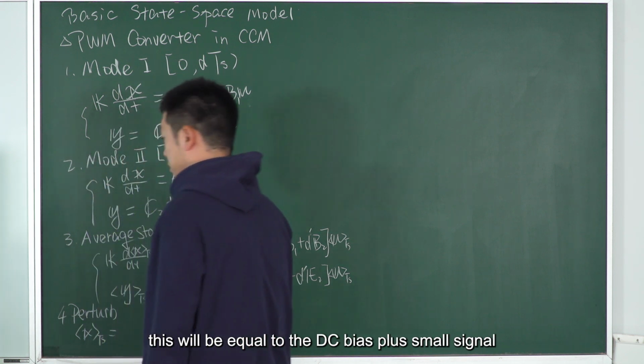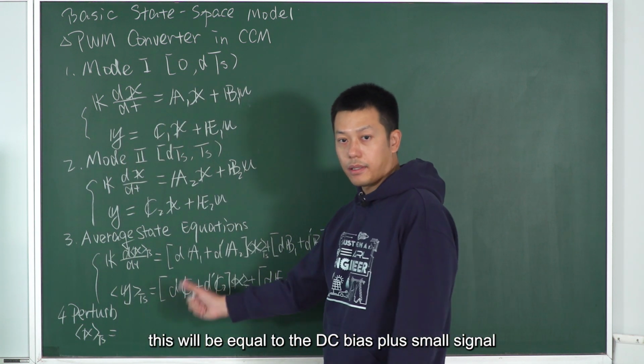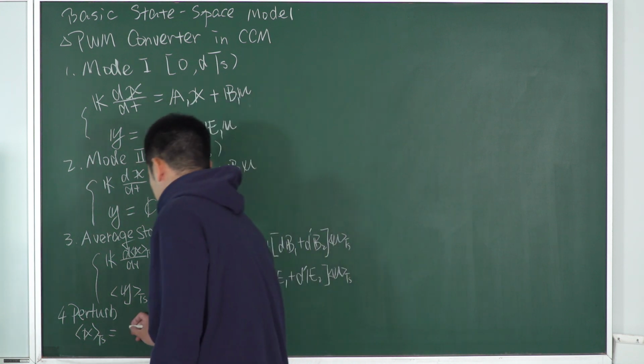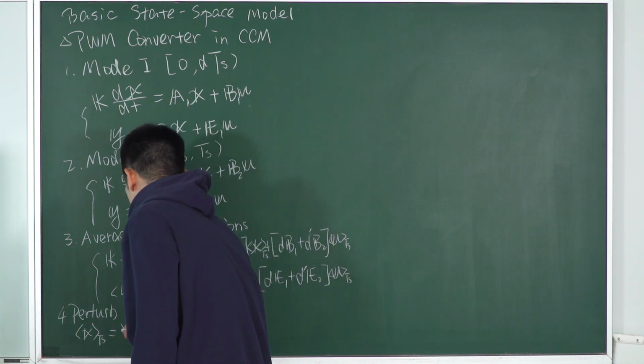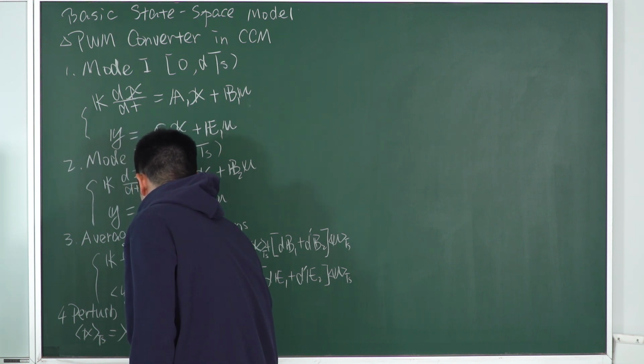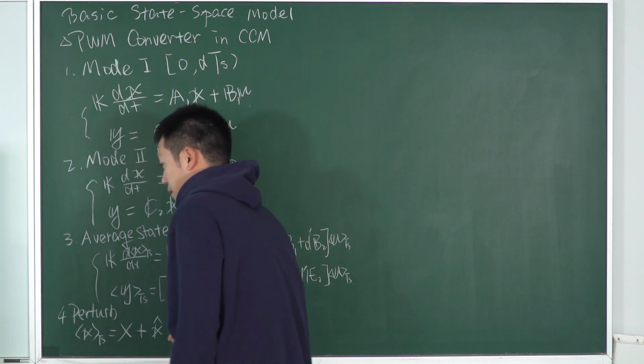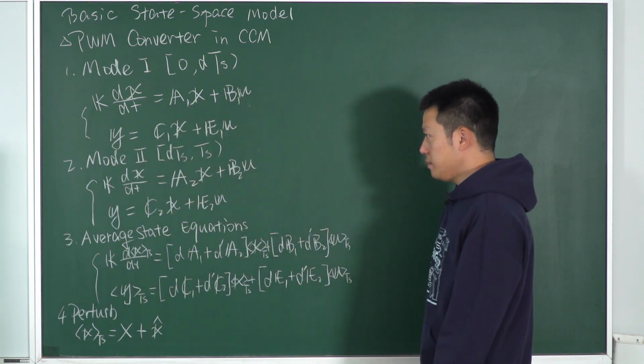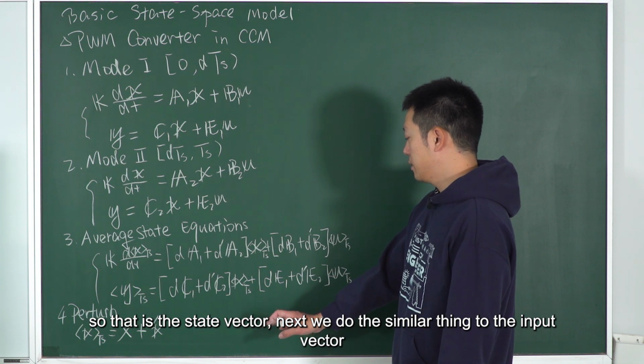This will equal the DC bias plus small signal. So that is the state vector.